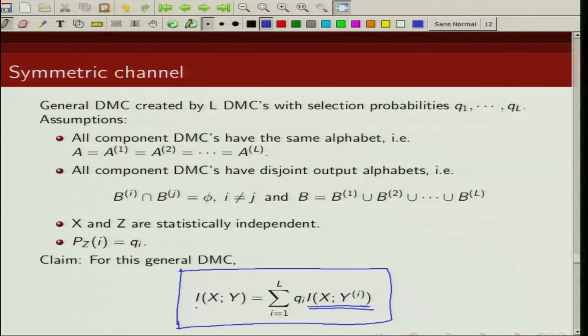From this expression, as you can see, we can write the mutual information between input X and output Y as the sum over all L channels of the mutual information between input X and the output of each individual channel, multiplied by its selection probability. So we are now going to prove this result.